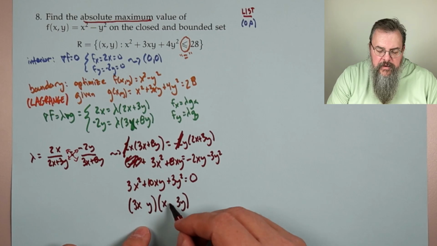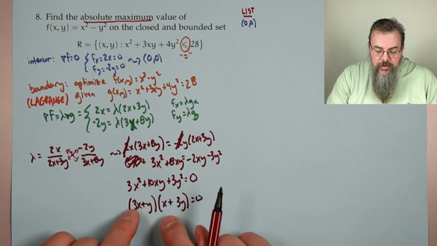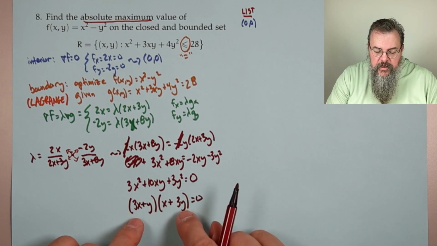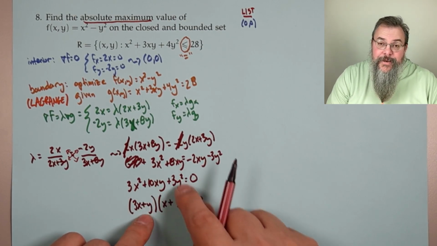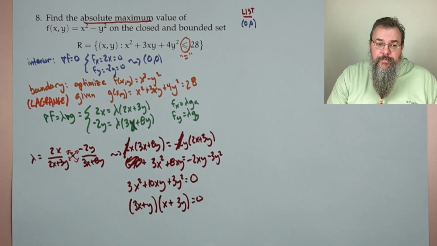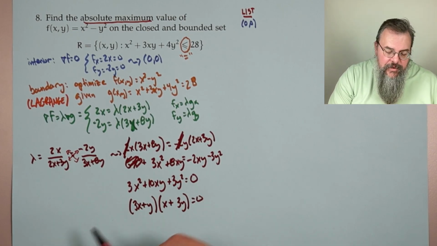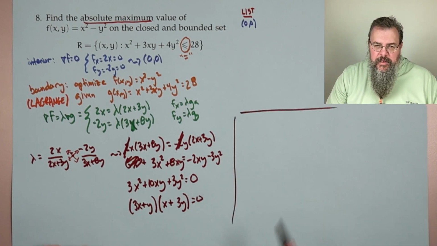And everything's positive, so let's try that. Does it work? 3x squared, yep. 9xy plus xy is 10xy, and 3y squared. Good. So that leads us to 2 possibilities, and we'll mark them here.